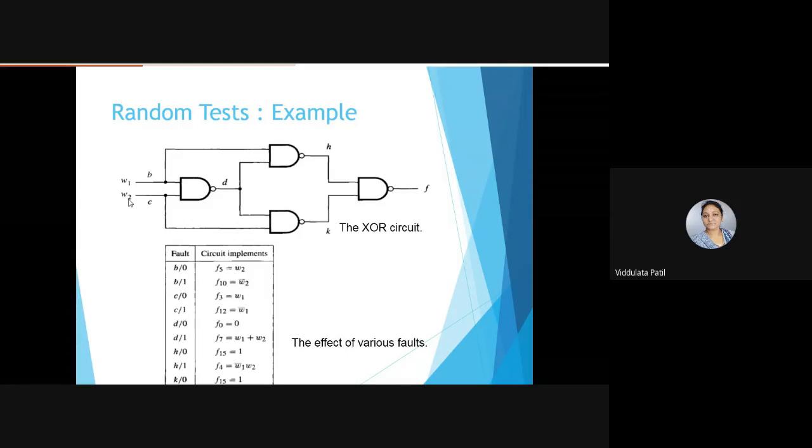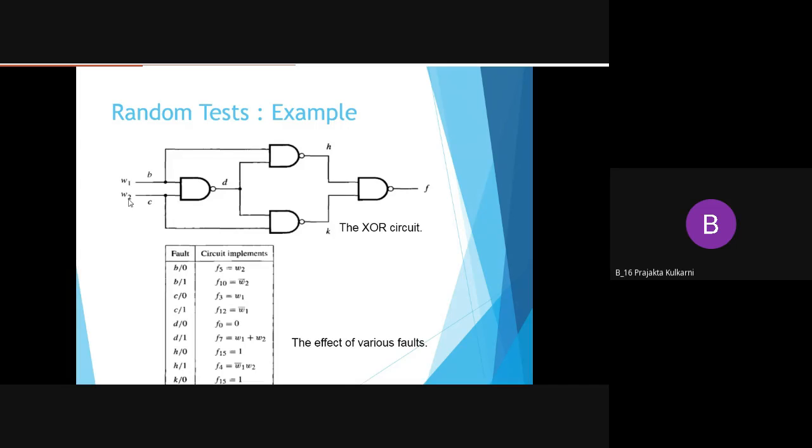Now B is stuck at 1. Okay. W1 is equal to 0, W2 is equal to 1, and B is stuck at 1. D is equal to 0. H is equal to 1.